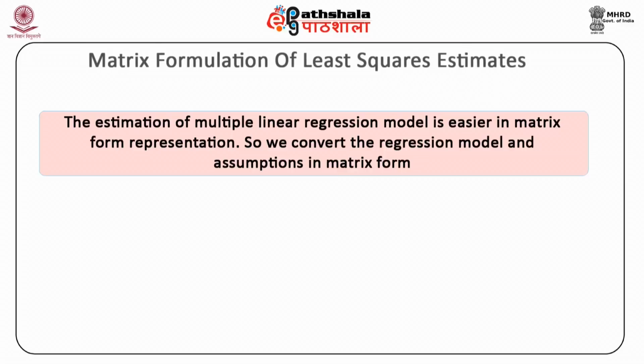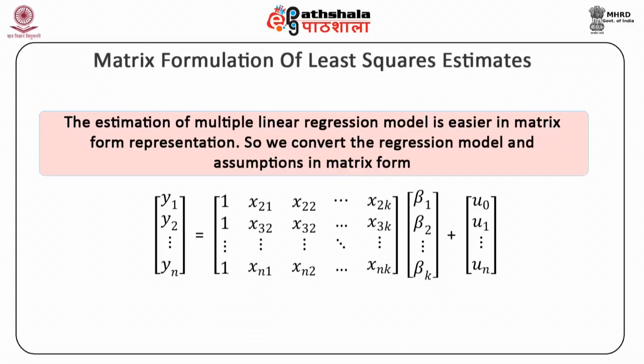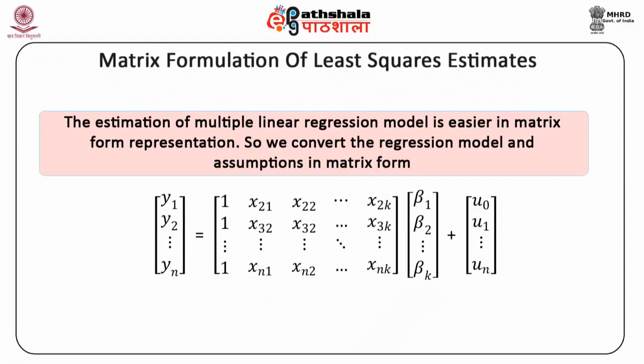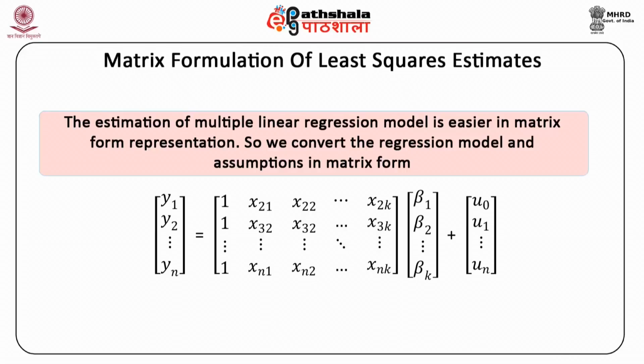In matrix form, we can write the y vector as y1, y2 up to yn, the dependent variable y vector. On the right hand side, we have the X matrix, which has the first column as ones. The second column starts from x21, x31, up to xn1.